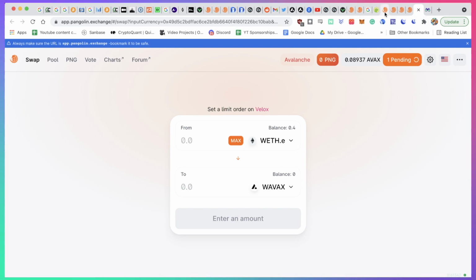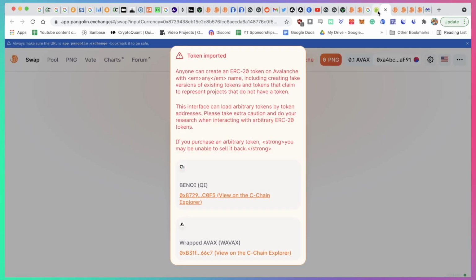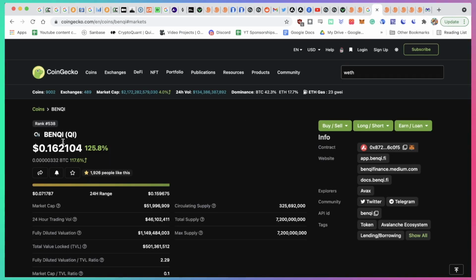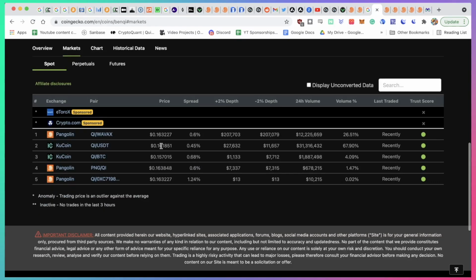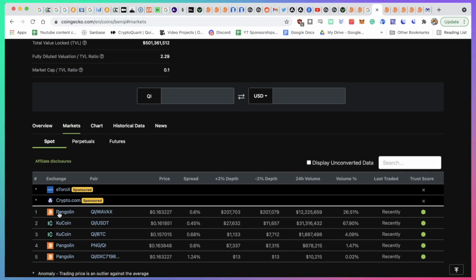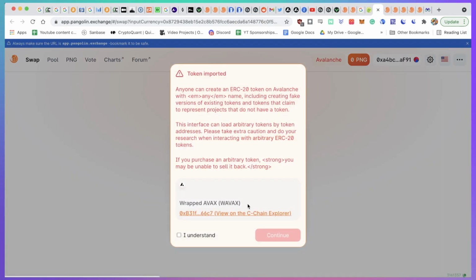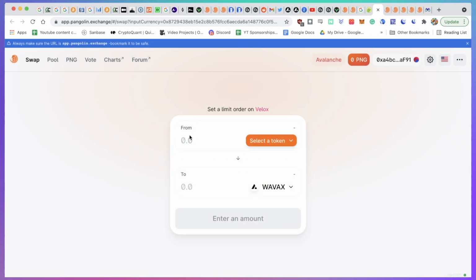Now, what I want to do is buy some Qi tokens with that. So I will actually go back, like I said, on CoinGecko you will find it. You go under markets and then you just click here, Qi Avax, and then you can just click on this and it'll bring you to the trading pair on the Pangolin decentralized exchange.